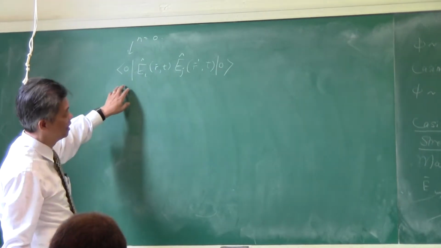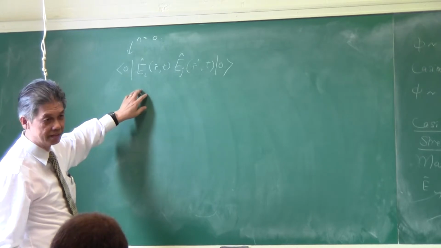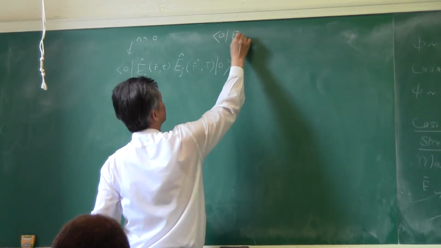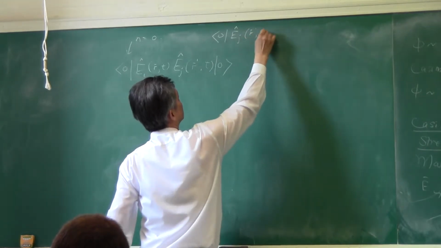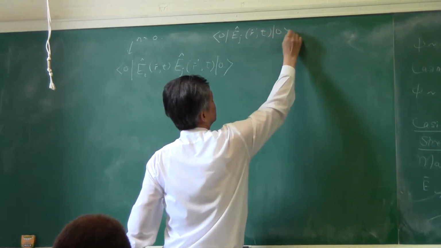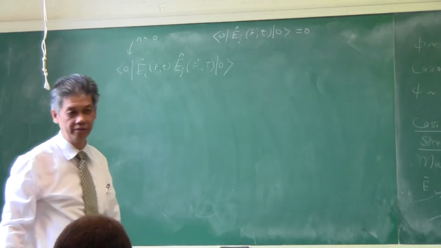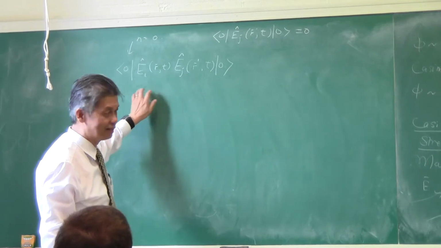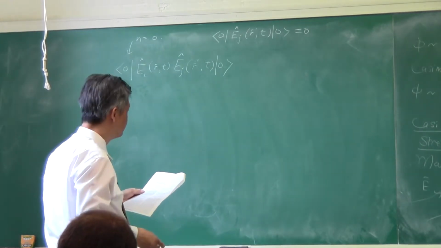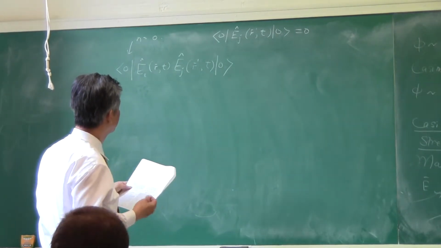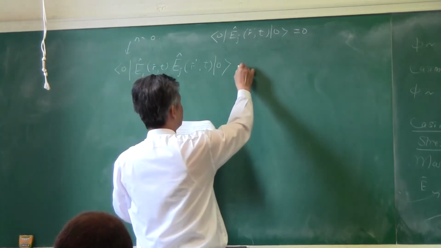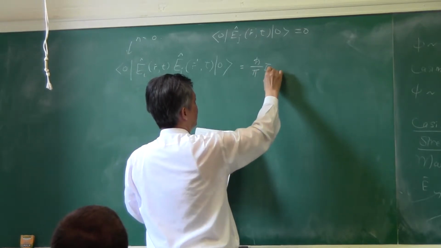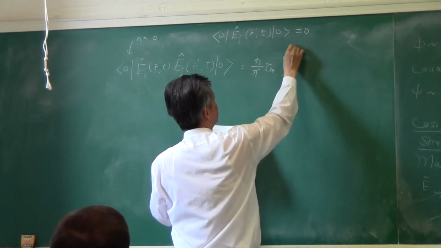Assuming that all the electromagnetic fields are in the ground state, if you were to take this expectation value, as we have learned in our course, the expectation value of the field itself is always equal to 0 in the ground state. But if you take the product of two fields, which is quadratic, you'll find that it gives you a non-zero term. This is due to the fluctuation of the field, and it can be related to the dyadic Green's function of the medium.